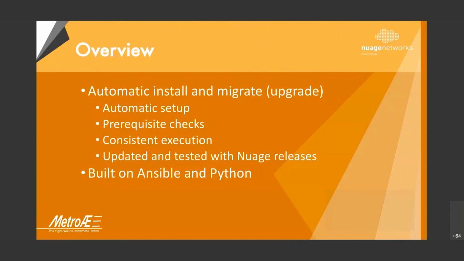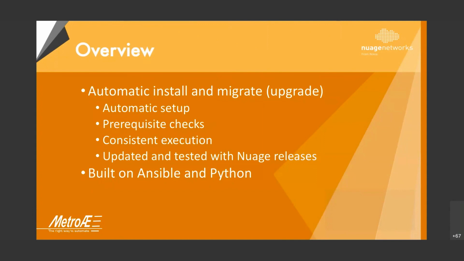As part of the platform that gets delivered, we're trying to make this as simple as possible. We provide with it scripts for doing automatic setup. We run Metro prerequisite checks to increase the chance of a successful execution.